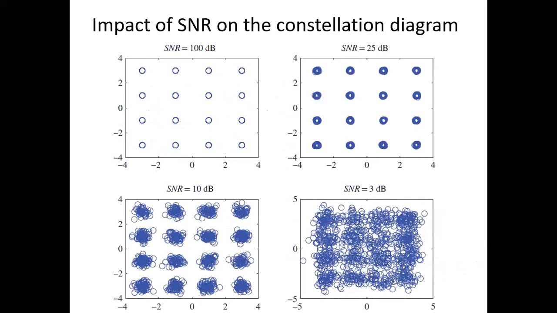You see, if your radio link quality is very good, then, well, look at the left bottom figure. Assume that this is what you are sending. You have some constellation diagram that's showing the possible locations, and this is what you are transmitting. If your radio link quality is very good, like the SNR is 100 dB, at the reception, the same constellation positions will be maintained.